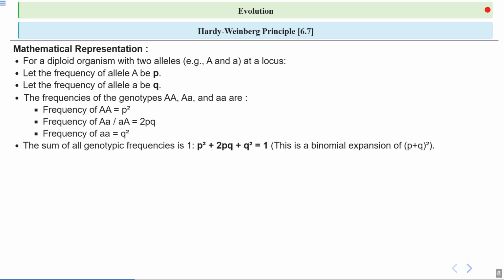Now the sum of all the genotype frequencies equals 1. That means P square plus 2PQ plus Q square is equal to 1, which is basically (P plus Q) whole square. This equation, P square plus 2PQ plus Q square, is the binomial expansion of (P plus Q) whole square, and the sum of all the genotypic frequencies will be equal to 1.